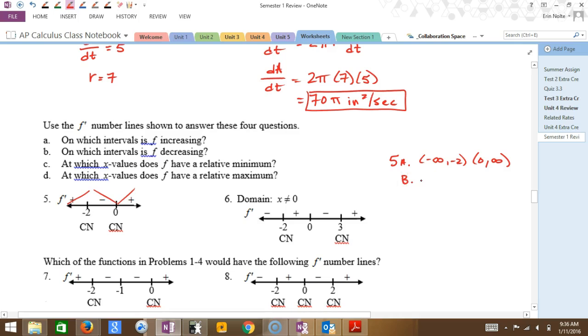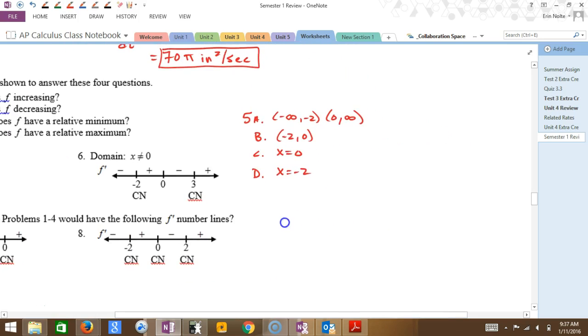Where is it decreasing? -2 to 0. Good. Relative min: we want to say x equals 0. And relative max: x equals -2. Good.